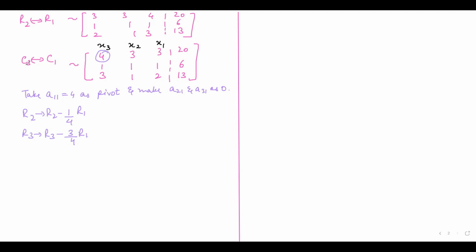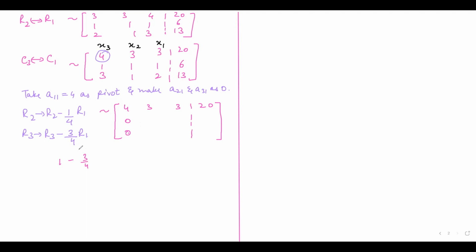Now, when we apply this, the first row remains unchanged. So there is no change in that. This is 0, this is 0. So what are the other elements that I'll be getting here? We could subtract this. This would be 1 minus 3 upon 4. So this becomes, let me just take this.